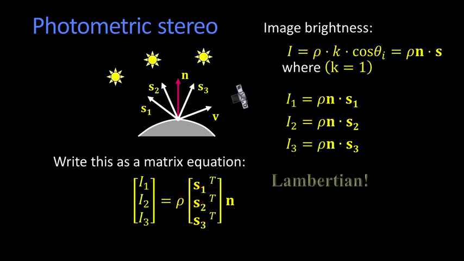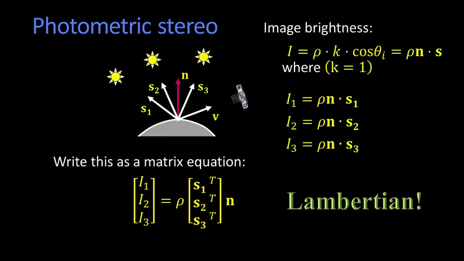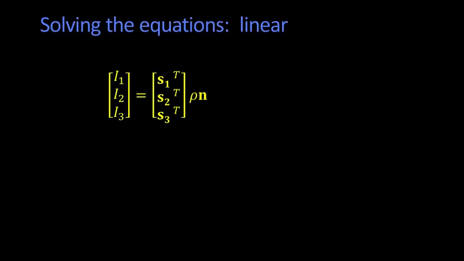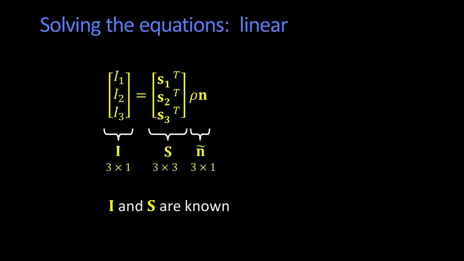Remember, we're making this Lambertian assumption, so solving those equations is straightforward. It's a simple linear system if we have 3 lights. I is our 3 measurements, 3 intensities. S are the 3 directions to the light source, and we know those, so I and S are known. And then, as we said before, N is supposed to be the unit normal, rho is the albedo. So together I call them N tilde. To solve for N tilde is trivial. N tilde is just S inverse I.